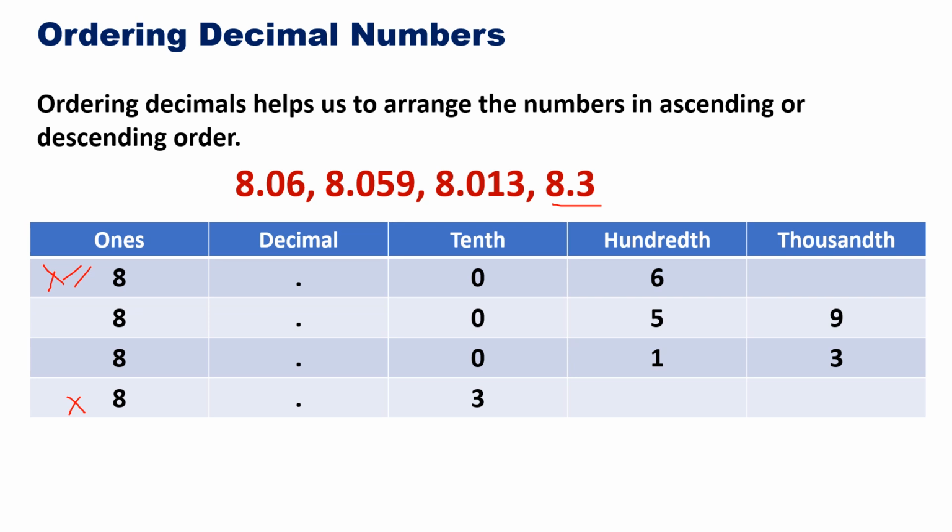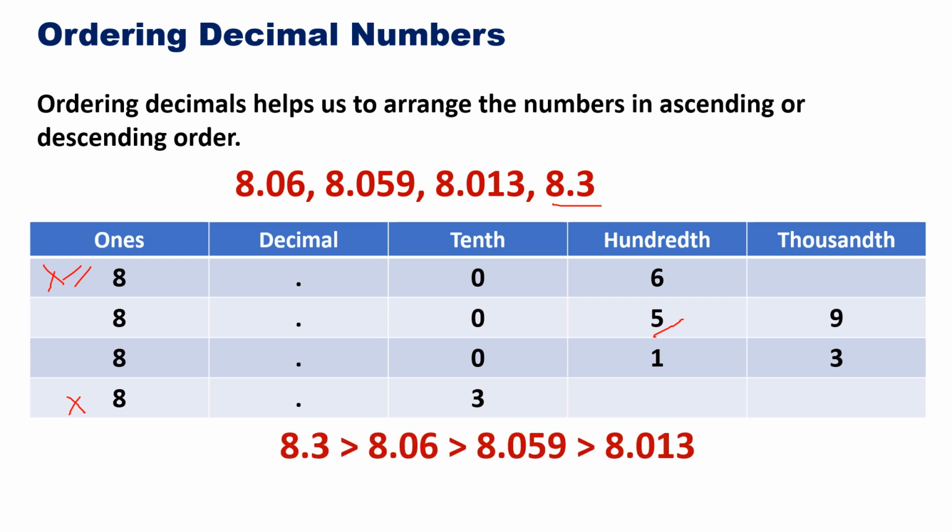Then we have 2 more numbers, 8.059 and 8.013. We'll come to the hundredths place. Here 5 is greater than 1, so 8.059 is greater than 8.013. So if we arrange these numbers in descending order, 8.3 is the greatest number.